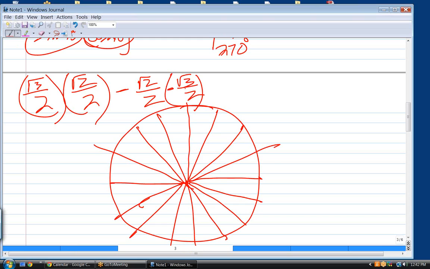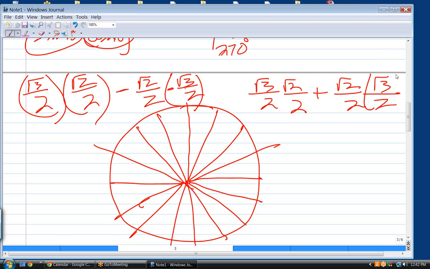Okay? Now the problem is square root of 3 over 2 times square root of 2 over 2 minus a minus, which is the same as plus, square root of 2 over 2 times square root of 3 over 2. So what is that equal to?